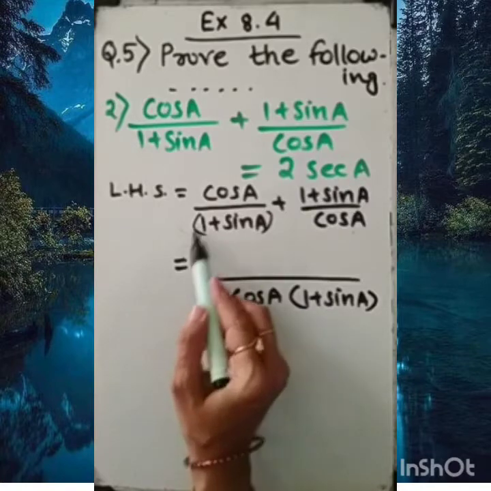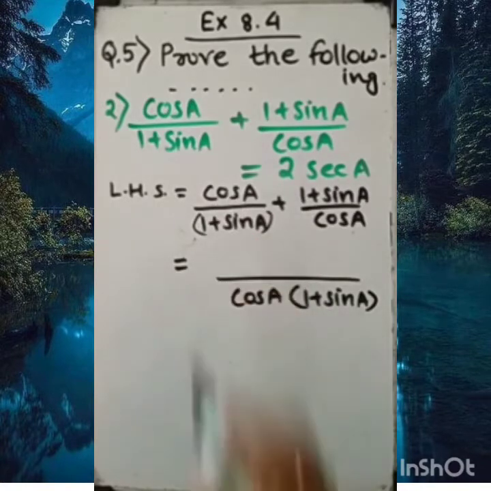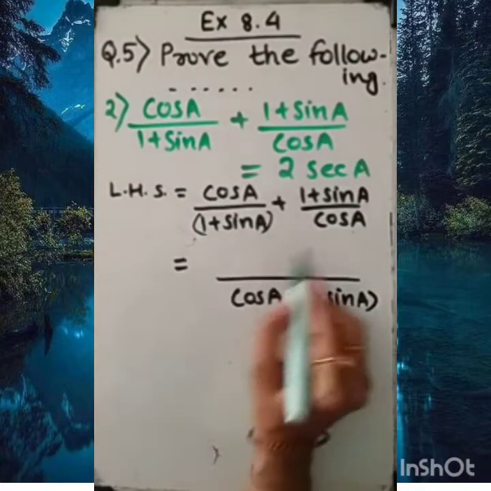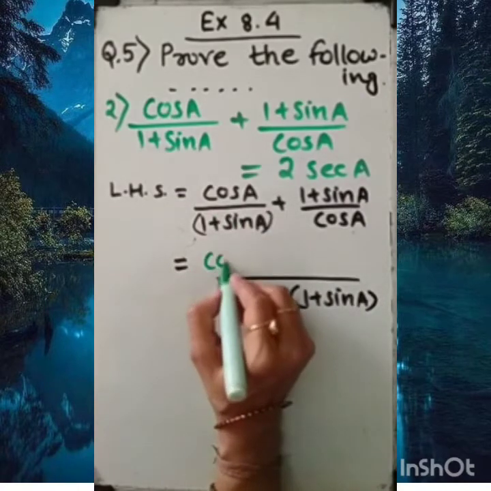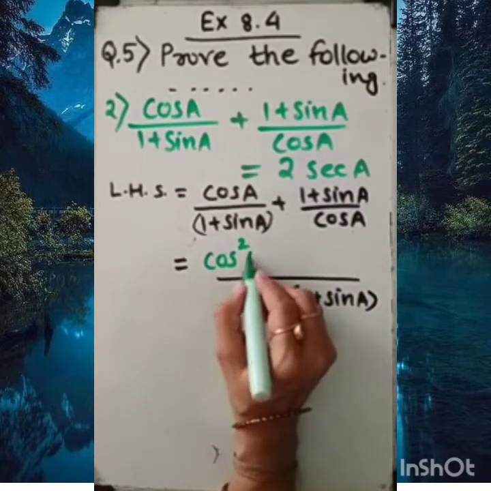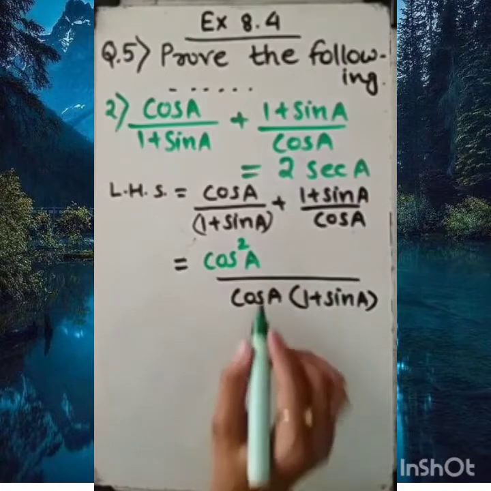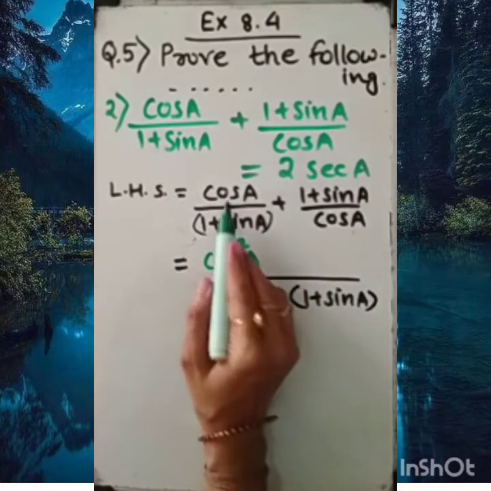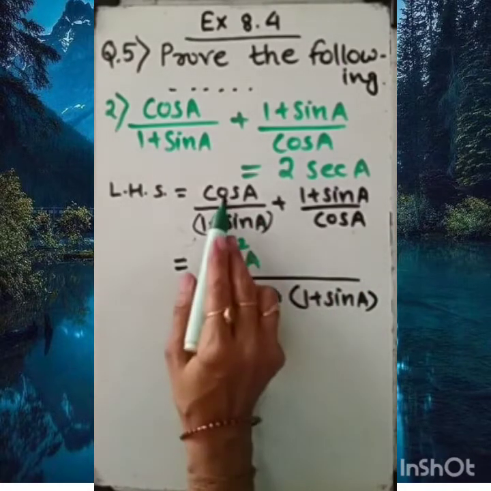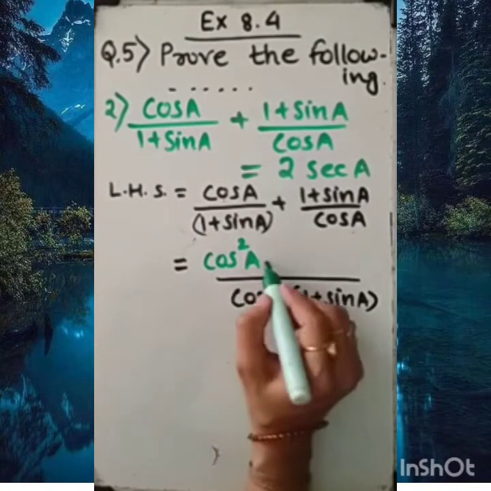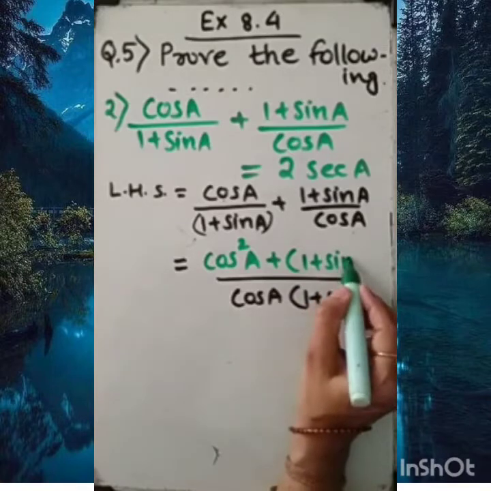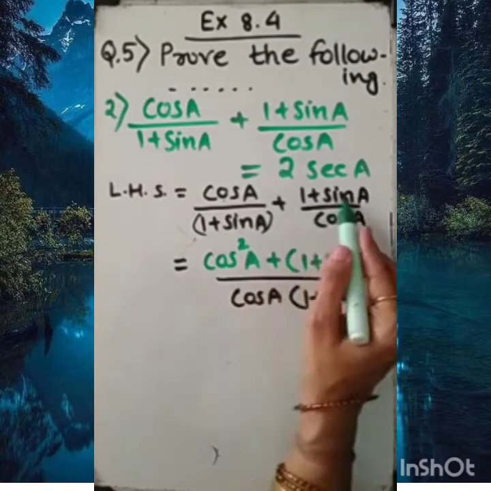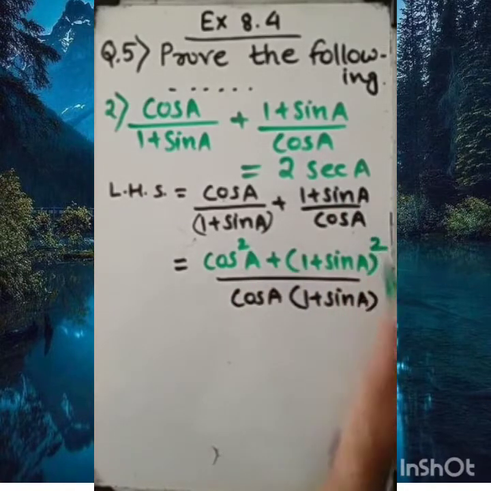So cos A into cos A, in the next step it will become cos square A. This side, it is not a cross multiplication, it is just like that: cos square A, because cos A into cos A is cos square A, plus the same thing here, 1 plus sin A will be multiplied with itself, so it becomes a whole square.